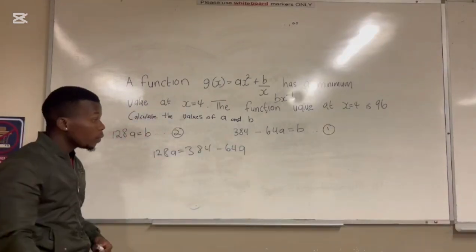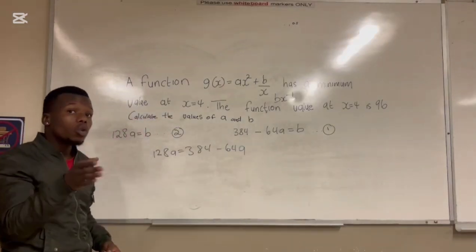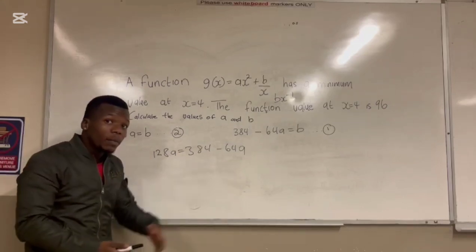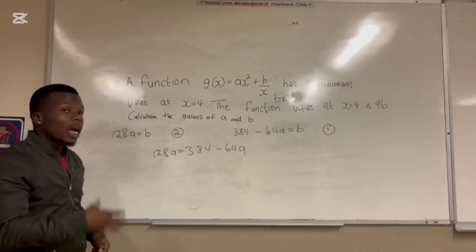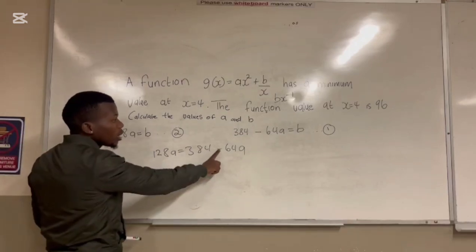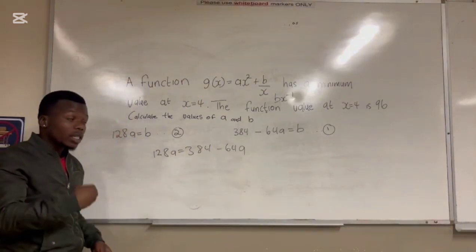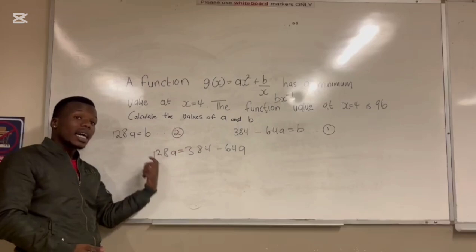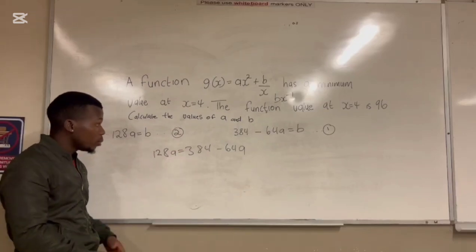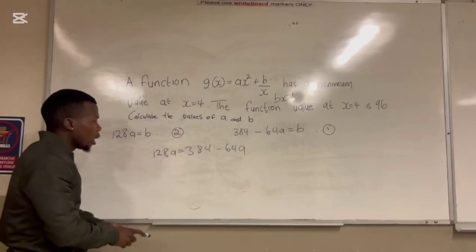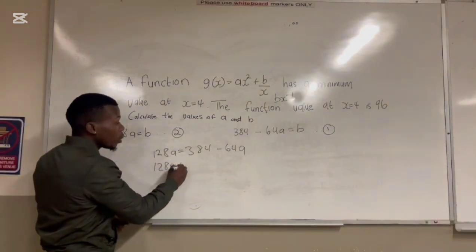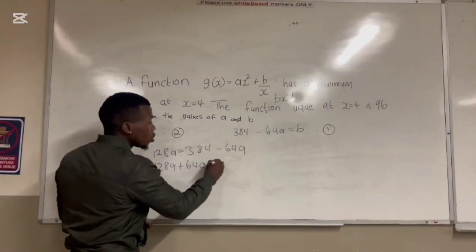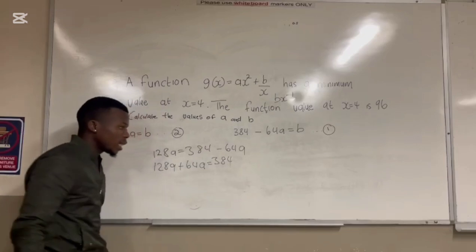As I can see in my equation, the unknown is a only, meaning I need to make a the subject of the formula. I remember I have minus 64a. I will take minus 64a to this other side of the equation. This is going to be 128a plus 64a, which is equal to 384.